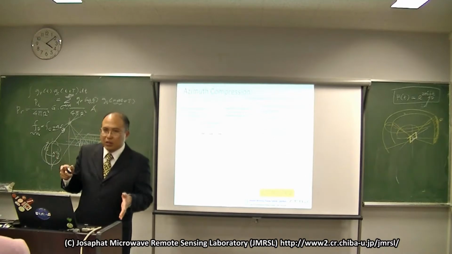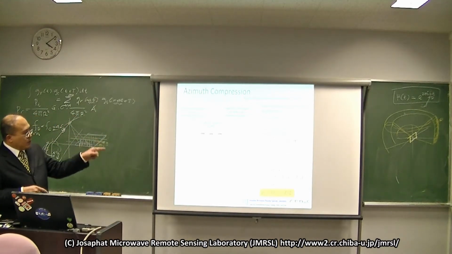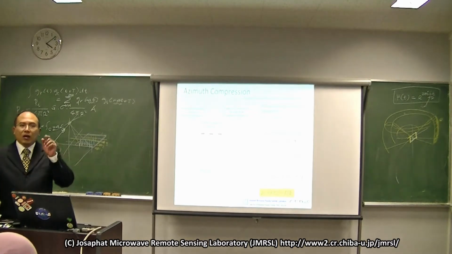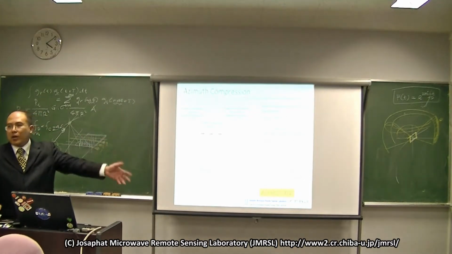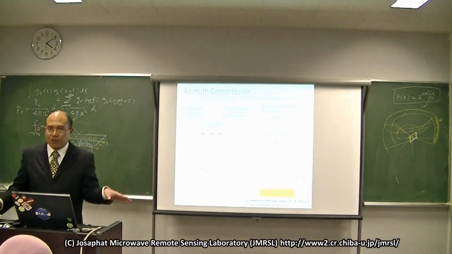It's very simple. When you want to derive the resolution in the azimuth direction, it depends on your antenna size, not on the frequency.